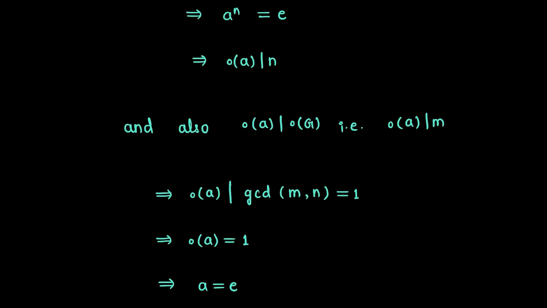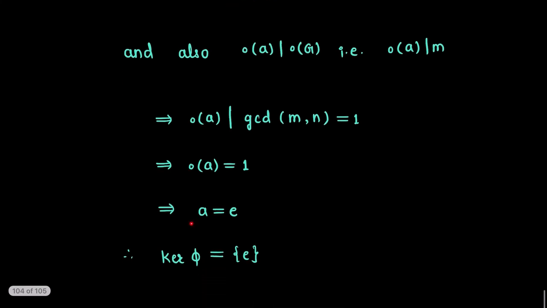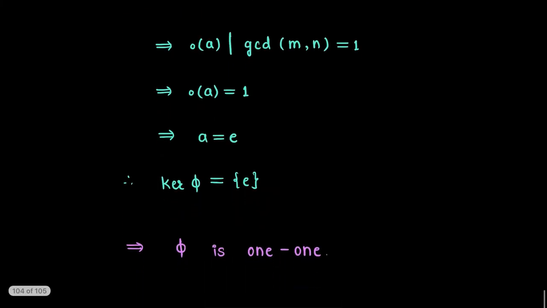Now in a group G we know that the only element whose order is 1 is the identity element, and therefore a will be equal to the identity element of group G. Now as a is any arbitrary element in kernel phi and we get that a is equal to the identity element, kernel phi will be the singleton identity, and therefore the map phi is a one-one map.